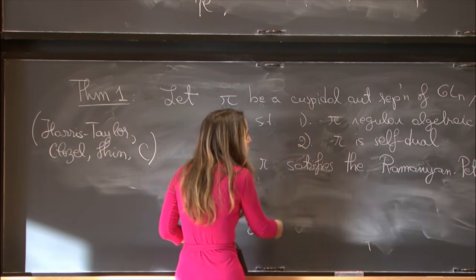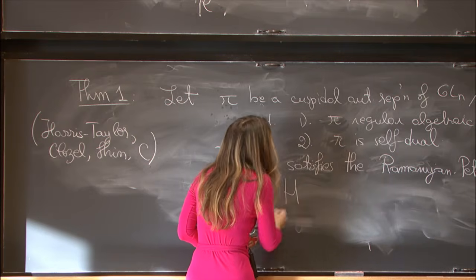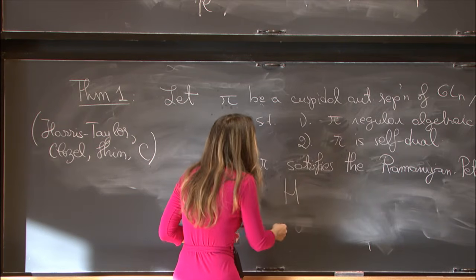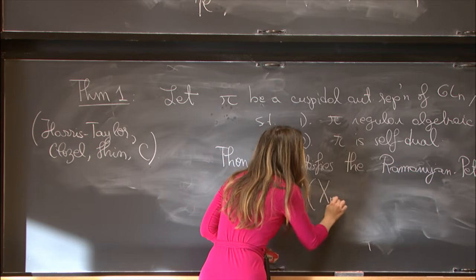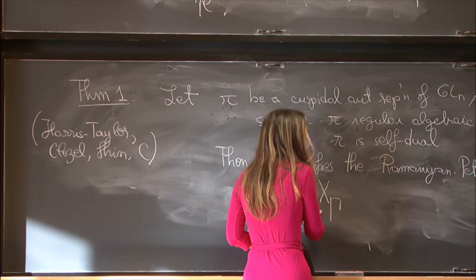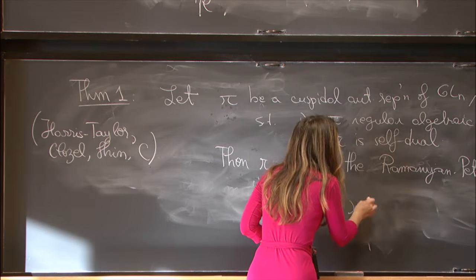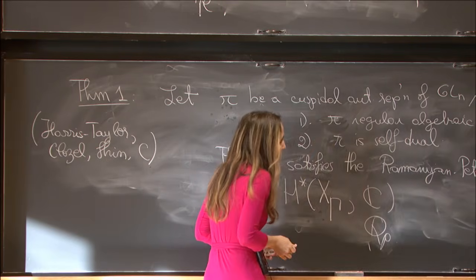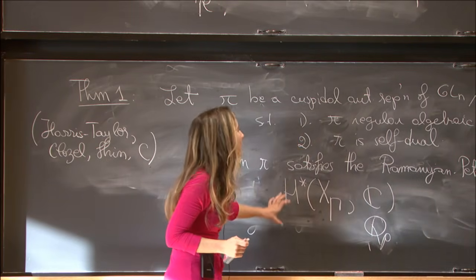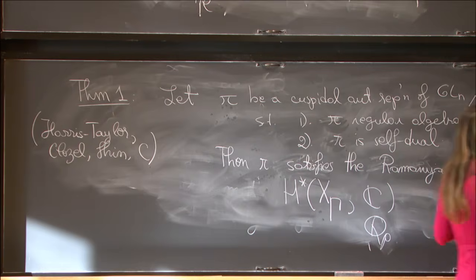As I said, this has to do with automorphic representations that contribute to the cohomology of the locally symmetric space X gamma, maybe with complex coefficients or with Qp coefficients. So this theorem is about the cohomology of such spaces, but with complex coefficients or coefficients in Qp.